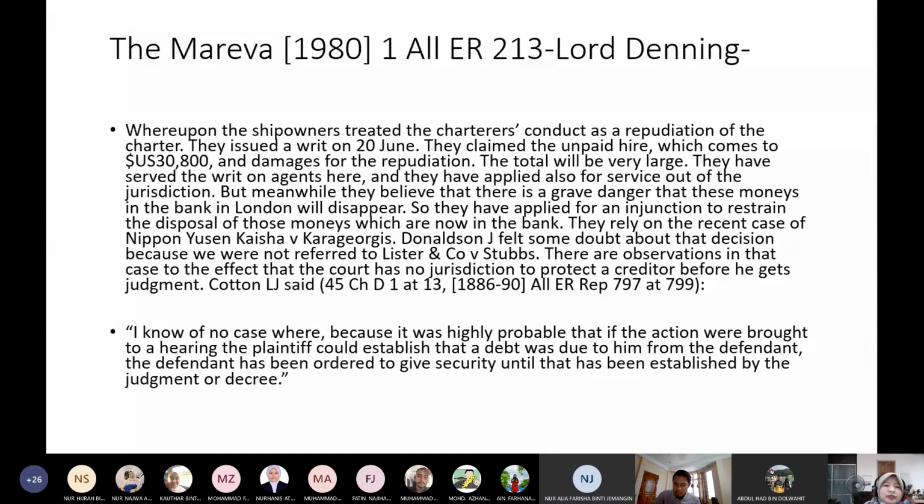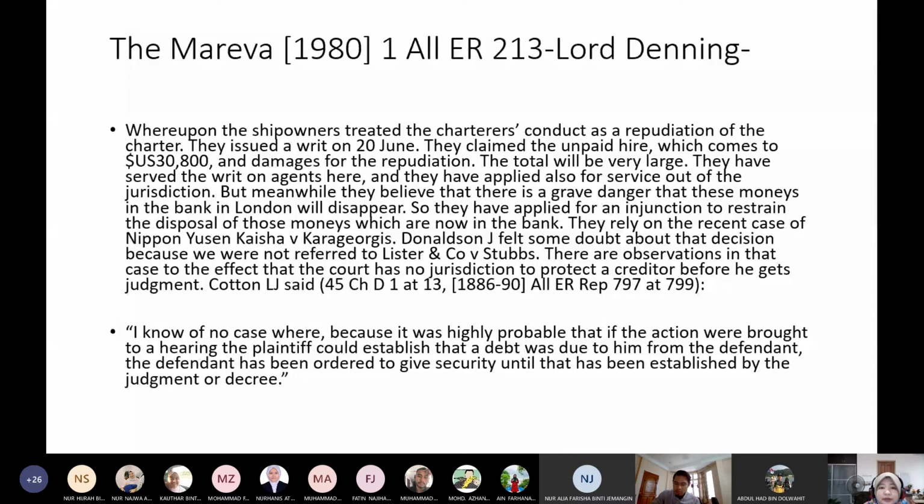He was referring to the case of Cotton LJ. Okay, Cotton LJ held that he knew of no case where, if it was highly probable that the plaintiff could establish at a hearing that a debt was due to him from the defendant, the defendant has been ordered to give security until it has been established by judgment or decree.